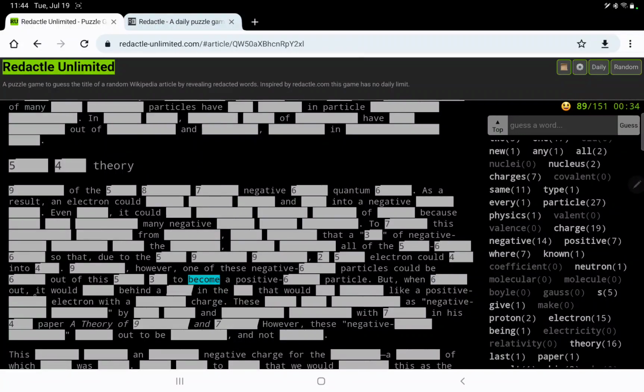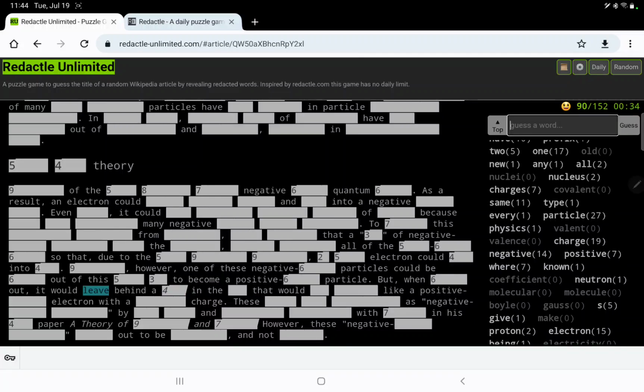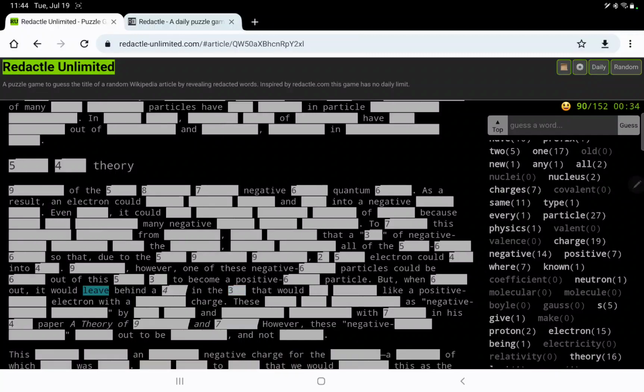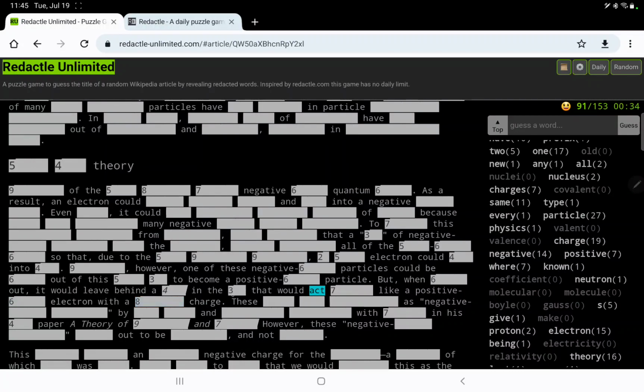But when 6 out, it would leave behind a 4 in italics in the something that would act something like a positive 6 electron with a 8 charge.